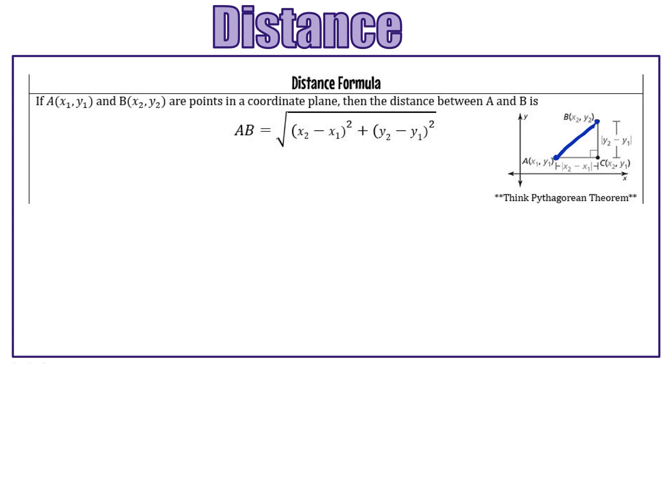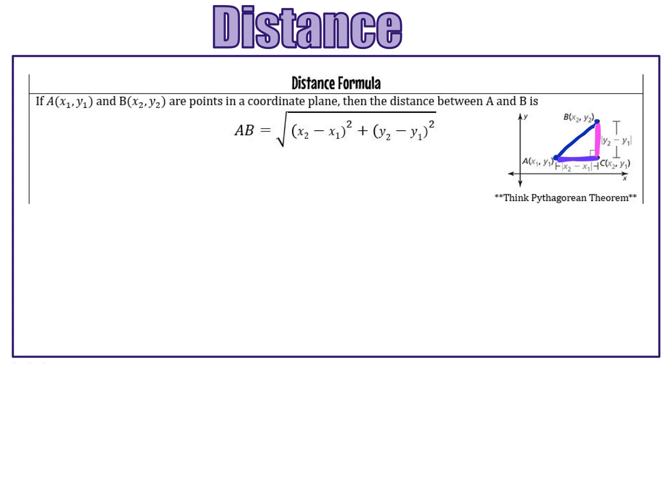Now, this formula looks really kind of confusing and like a lot to memorize, but really it's just saying what happens if we take this segment and we turn it into a right triangle so that we can look at the change in the x value and the change in the y value in order to determine the third length.